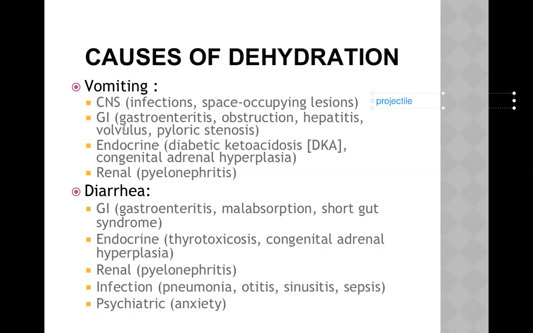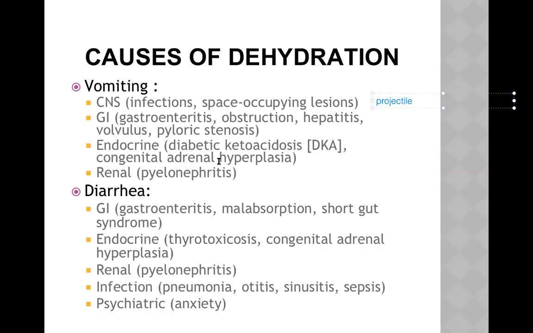Volvulus, we have studied this in pathology. This is a twisting of the bowel, which also leads to intestinal obstruction. And pyloric stenosis, I have already taken this name. So these are some of the causes from the GI tract, but two important ones from the medical point of view are gastroenteritis and hepatitis. The endocrine causes like diabetic ketoacidosis and congenital adrenal hyperplasia can also lead to vomiting.